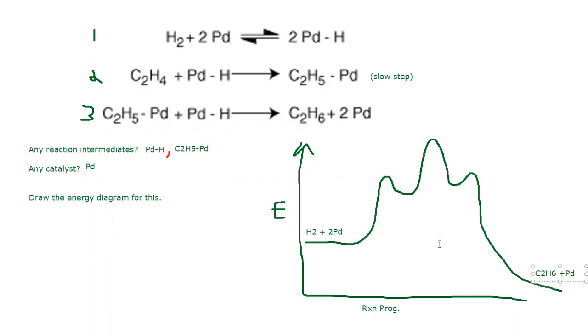So in the first step, we get a reaction intermediate. And then in the second step, we get another reaction intermediate. And so this is what the energy diagram of this mechanism could look like. Again, 3 steps, 3 activation energies. The slow step is the one with the highest energy.